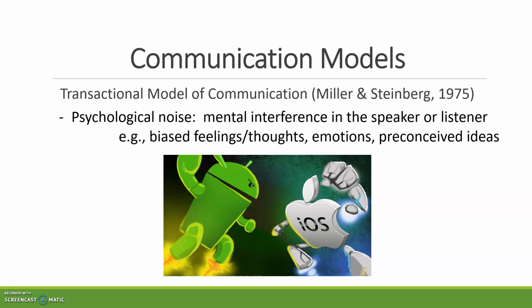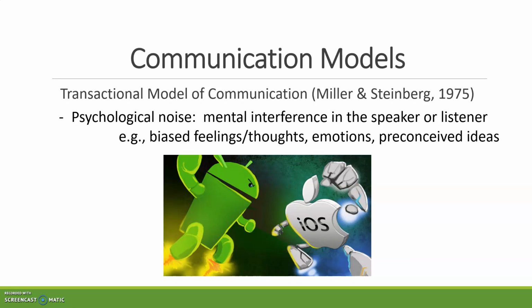Okay, so I want to say that sometimes our biased feelings, thoughts, and preconceived ideas are also psychological noise. For example, let's say I'm a big fan of Apple products, or the other way around, I'm a big fan of the Android system. So I would think that the other system sucks, the design, the user experience, etc. Probably I'm going to hold this prejudice for several years. This psychological noise may interfere with my willingness to hear a new perspective. So probably for years, I refuse to read any articles or reviews about the other product.